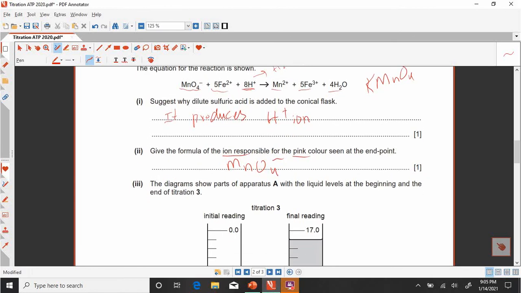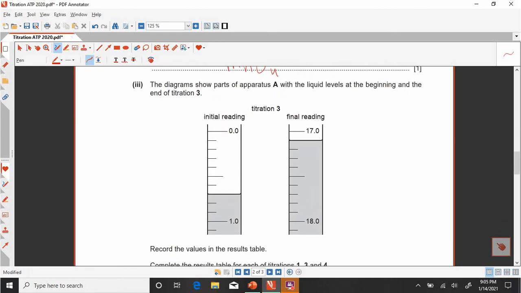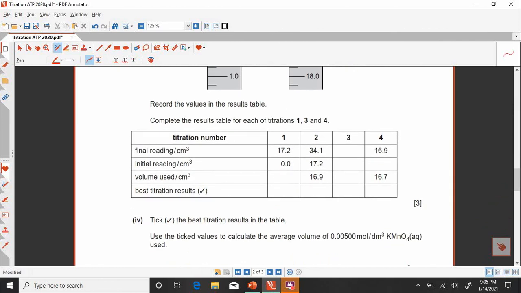Now we will move towards the calculation. This is titration number 3, and this is the table. This table is changed. This is in the 2020 ATP paper and 2019 as well, but initially there were 3 titrations, and we had to fill in all the initial, final, volume, each and everything.